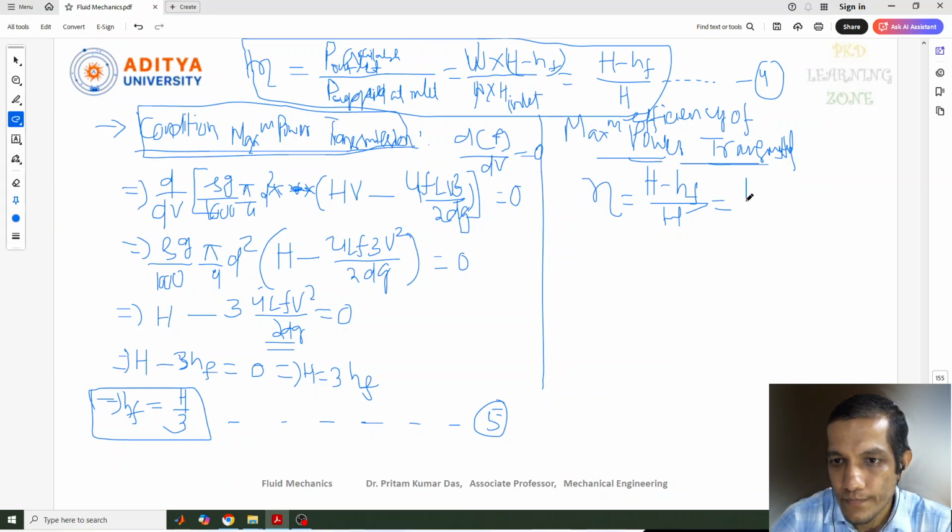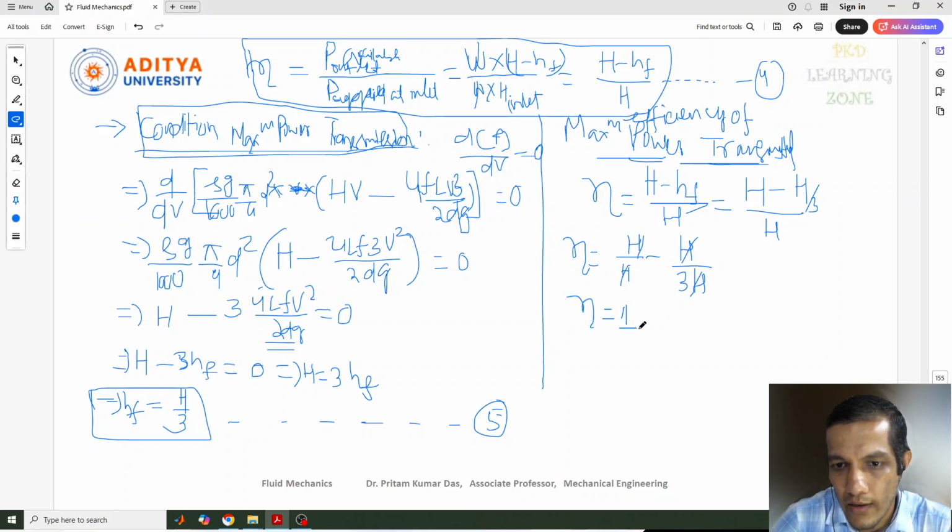So put the value of HF equal to H by 3, that is H by 3 divided by H. So what we will get here, let me write it in this way: H by H minus H by 3H. Now H cancels here. So efficiency, we can write, 1 minus 1 by 3. So 1 minus 1 by 3 is nothing but 2 by 3. So 2 by 3 is nothing but, we can write, 66.7%.